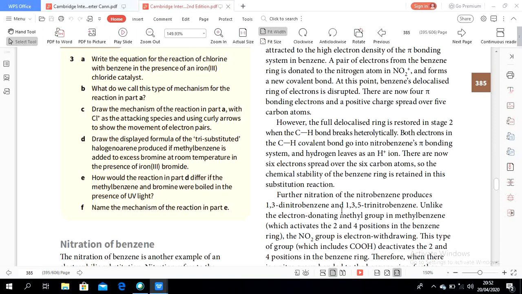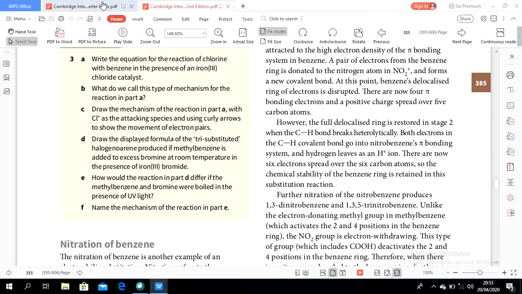It is unlike the electron-donating methyl group in methylbenzene, or what we later study in alkylation. It is also different from bromination of benzene. In bromination of benzene, the benzene is substituted in the positions 2, 4, and 6 of the bromine. This one, positions 1, 3, 5.